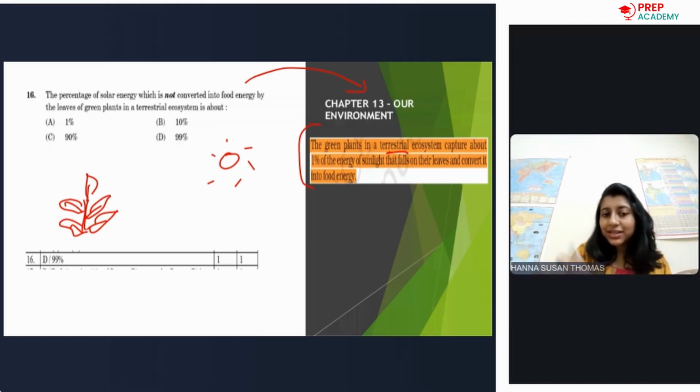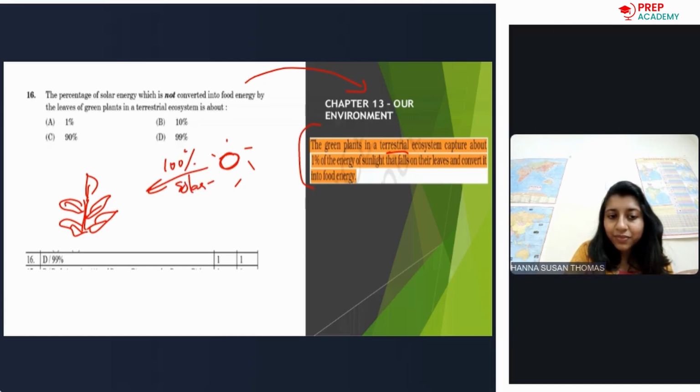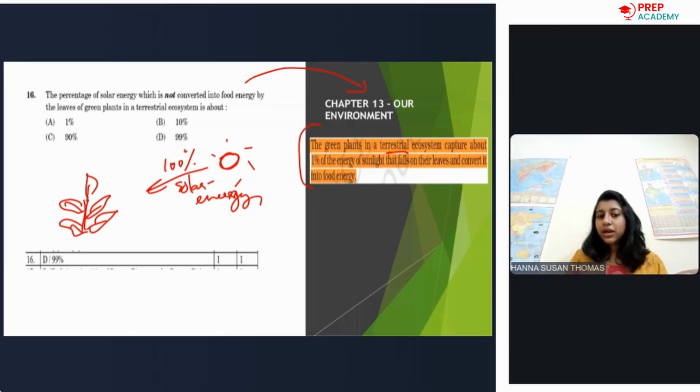Right? So let's assume that the sun is giving us 100% of solar energy.